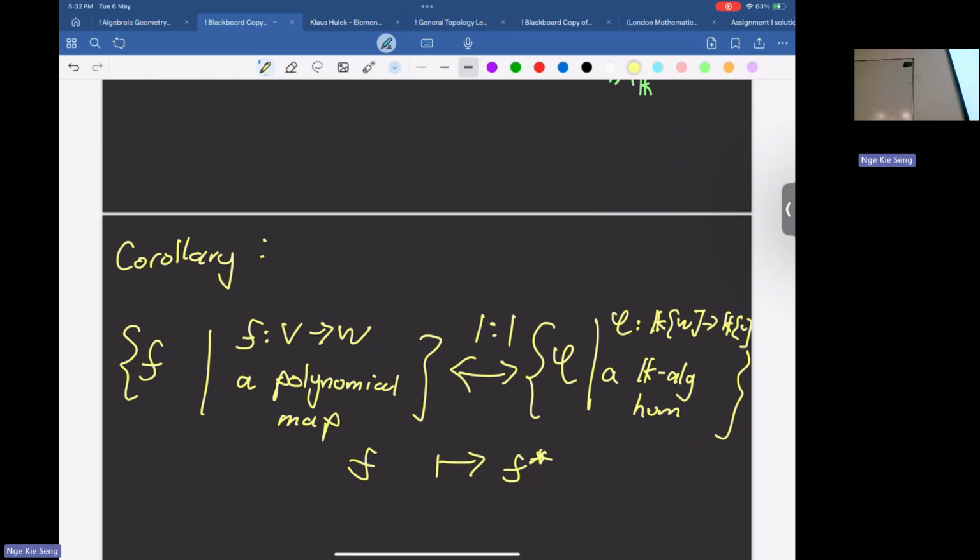If the pullback is an isomorphism, you can prove that. Try and prove it as a very good algebra exercise. Any question?